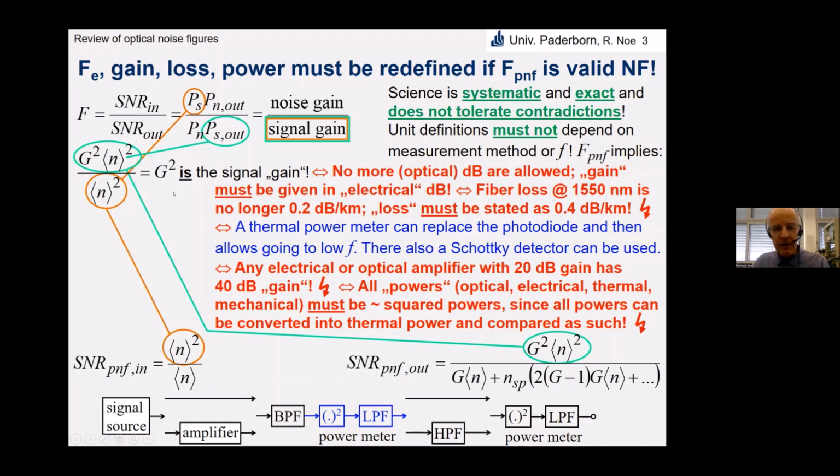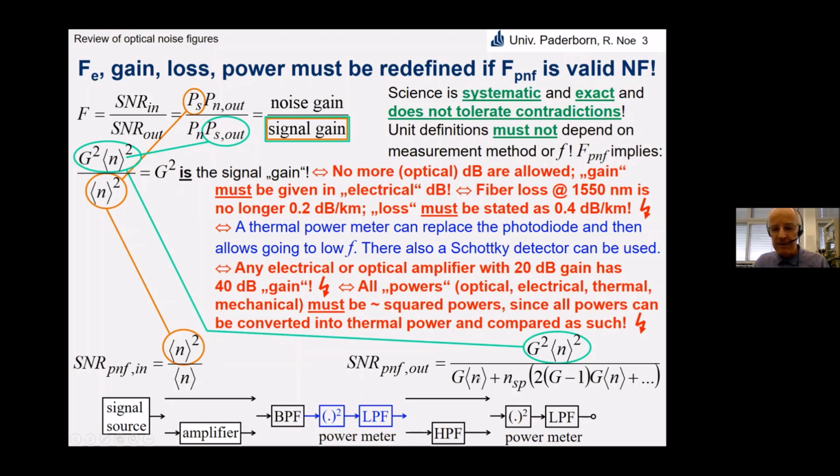So the power gain you have here is the square of the true gain. This means no more optical dB are allowed. We need so-called electrical dB. The fiber loss is at 1550 nanometers 0.4 dB, not 0.2 dB per kilometer.